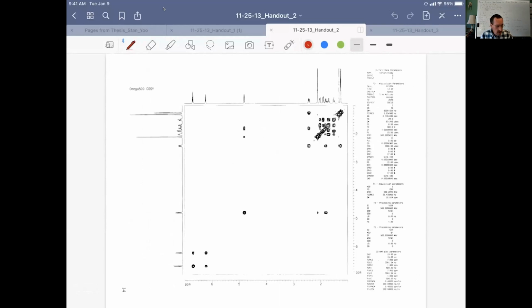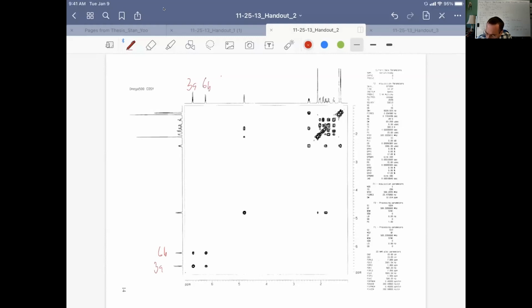Okay, so I have this whole spectrum over here, and then I have an expansion that'll be a little bit easier to work on. So I'm just going to start with this part of the spectrum here. So we have 3A and 6B, 3A and 6B on our COSY.